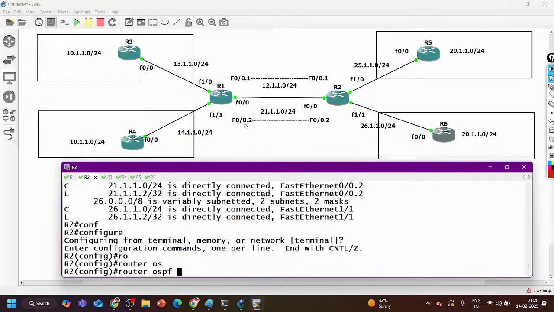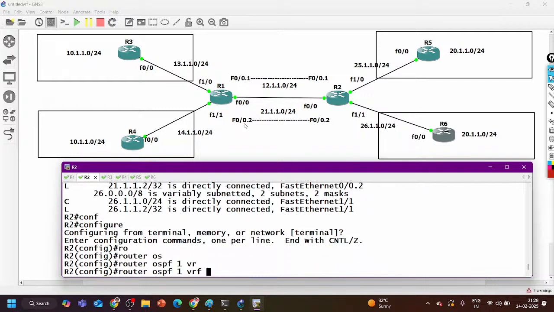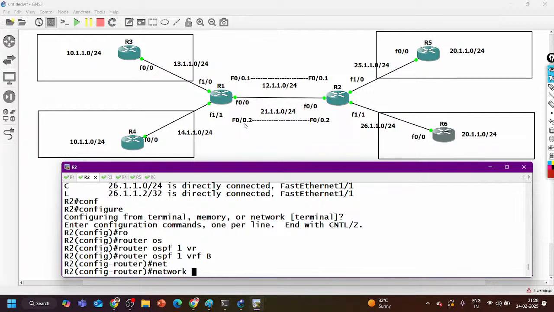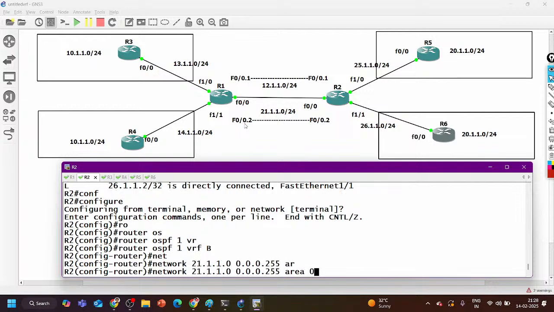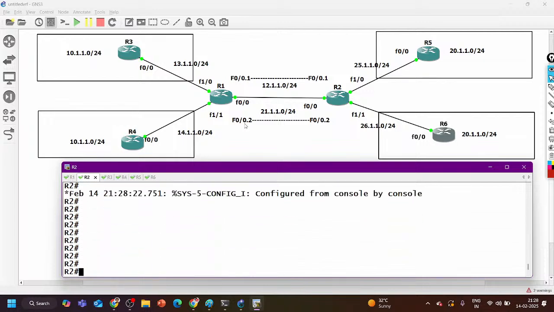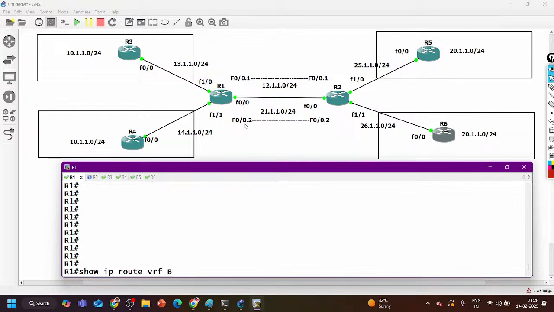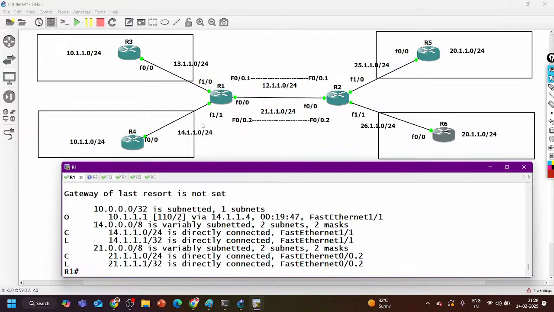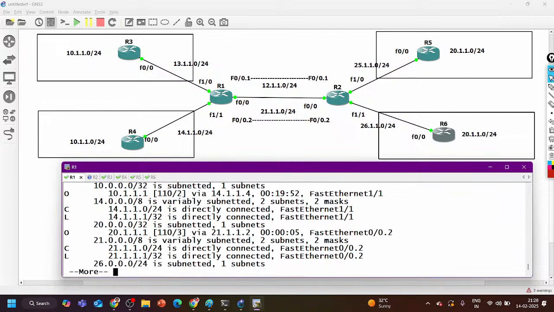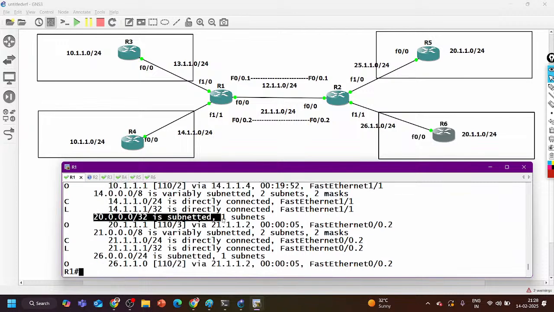Router OSPF 1 VRF B, network 1.1.1.0 area 0. Now show IP route VRF B, the 20 subnet also comes, and both the customer sites are able to communicate.